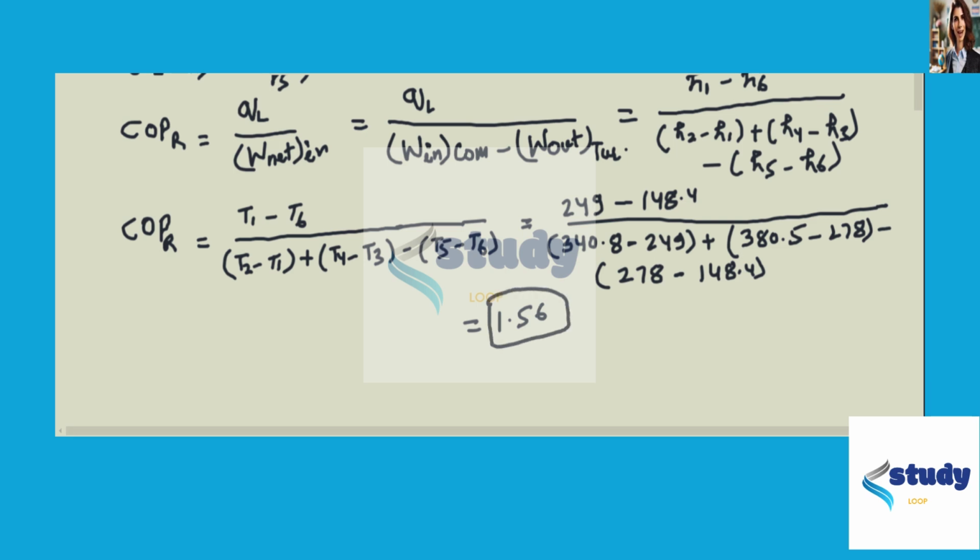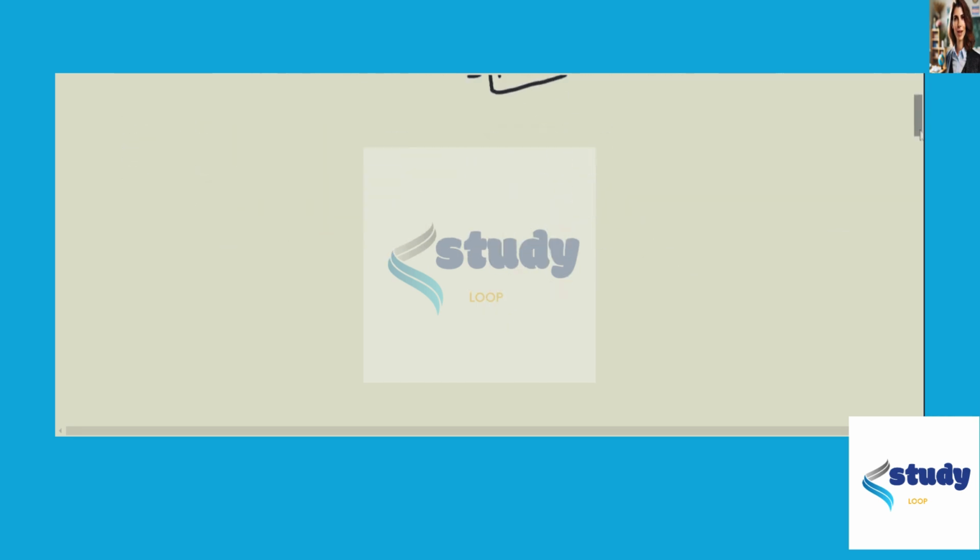Now we have to find mass flow rate, which can be defined as: rate of refrigeration can be defined as mass flow rate into specific heat at constant pressure into change in temperature from first to 6, T1 minus T6.